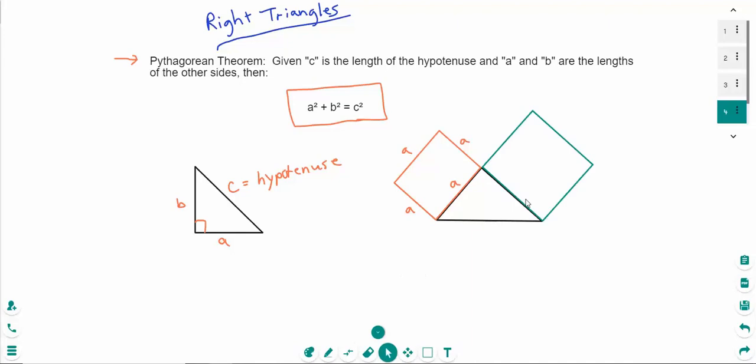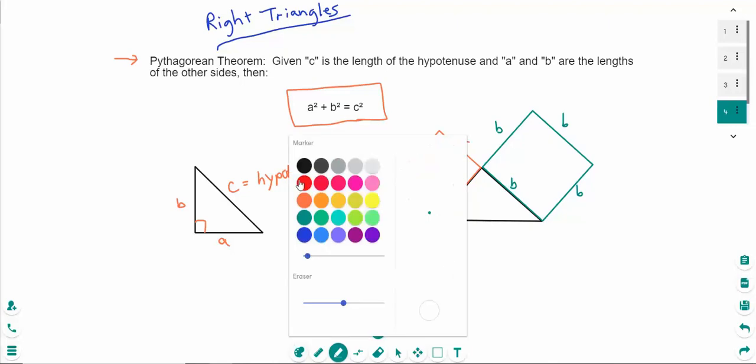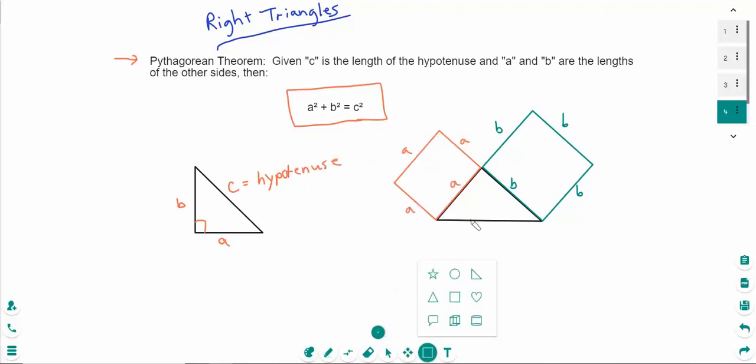All right, and then if I take another square, I take this other side, we're going to call it the B side, and we make another square with that length off of that side of the triangle. And then finally, you've probably guessed it, we will take a third square that's based on the length of the hypotenuse.